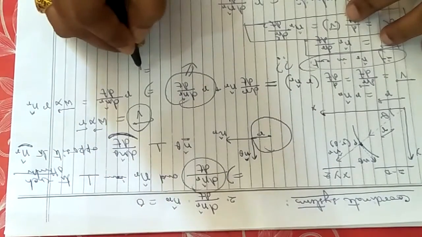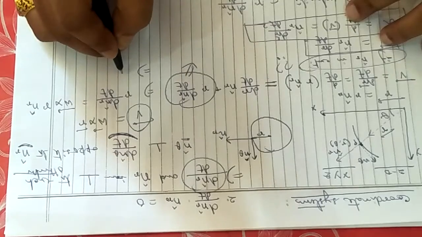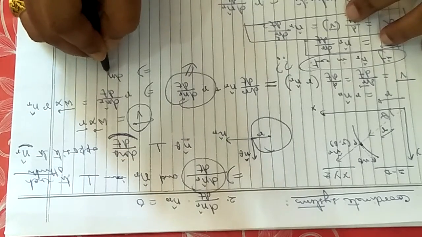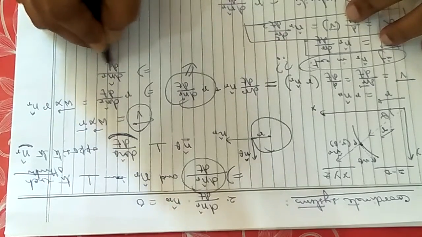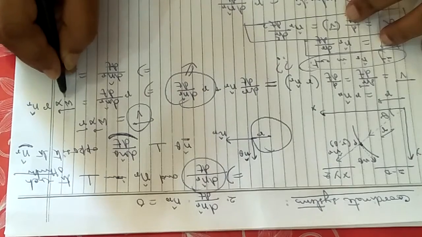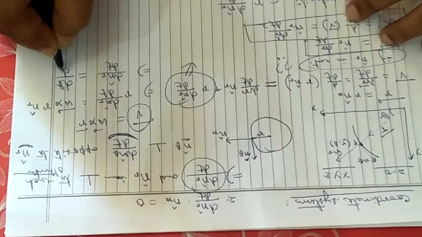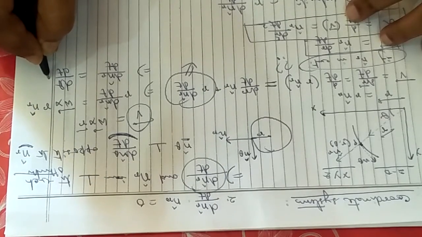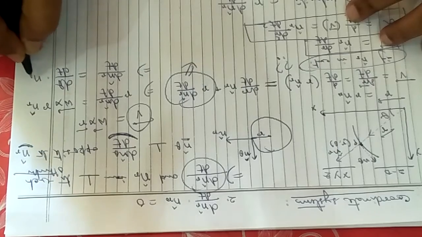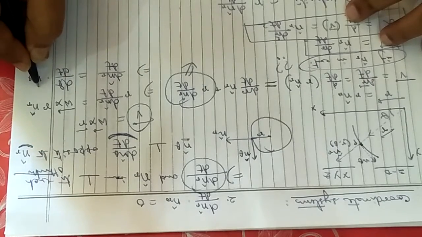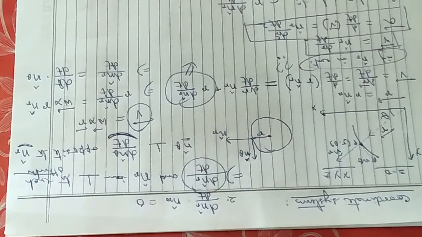Okay, so both the sides r cancels out. You are getting d nr cap dt equals to omega, that means d theta dt, into n theta cap. Got it? So instead of this nr cap, I am writing now n theta cap, and d theta dt instead of omega.